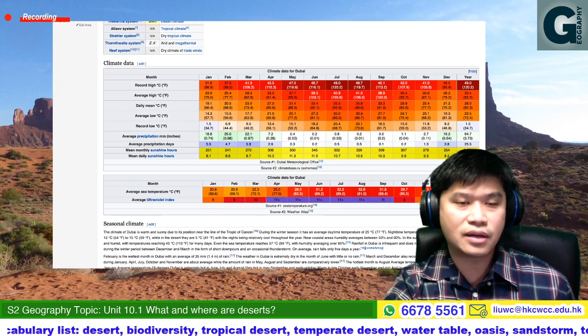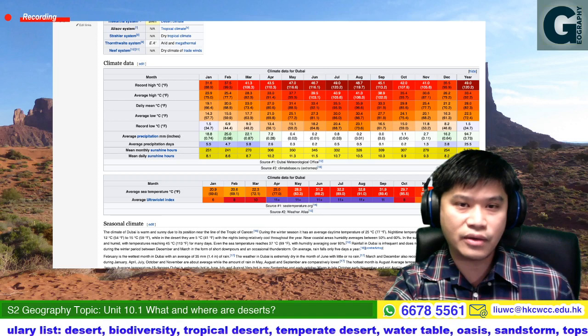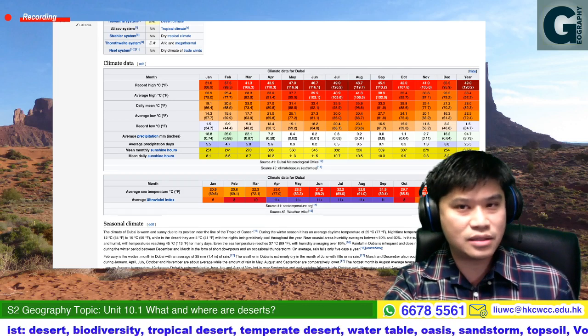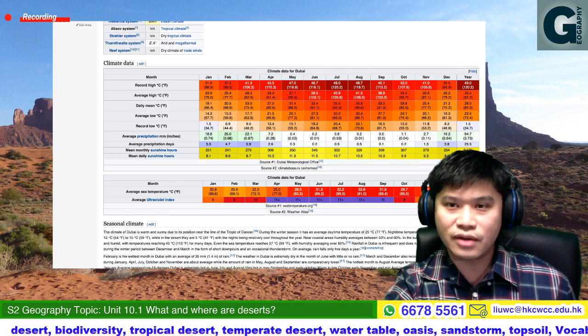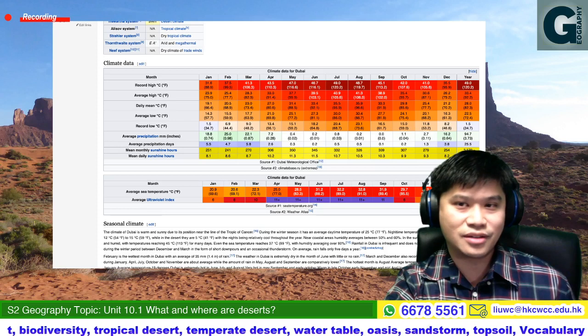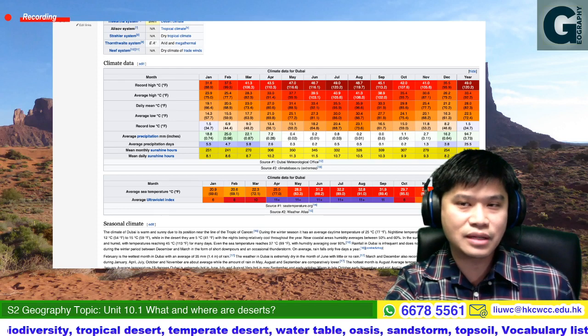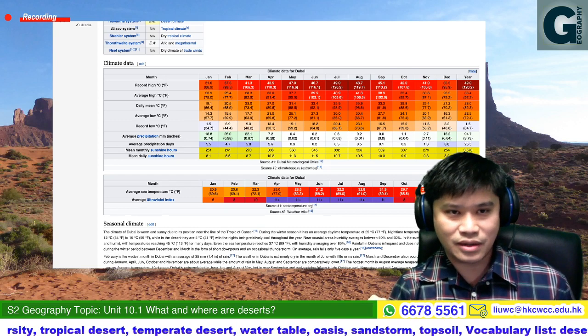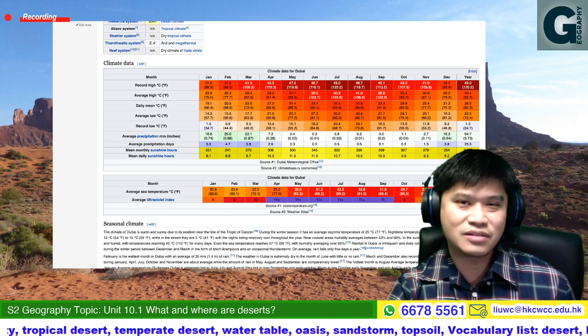Then let's have a look at the average low temperature in this place. In July 1st, this is about 30 degrees Celsius. For me, I would say that could be a relatively low temperature at night.